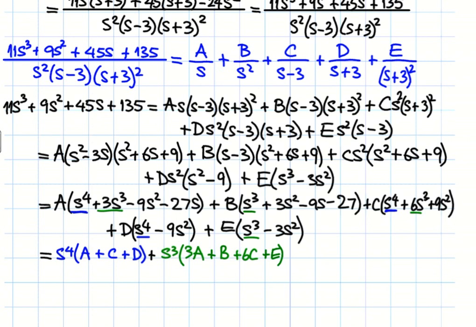And now the s squared. We have negative 9a. For b, we have 3b. For c, we have 3c, and again, don't forget we multiply by a.